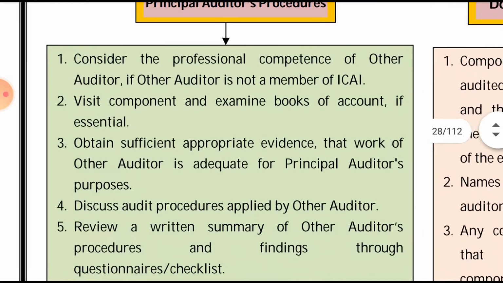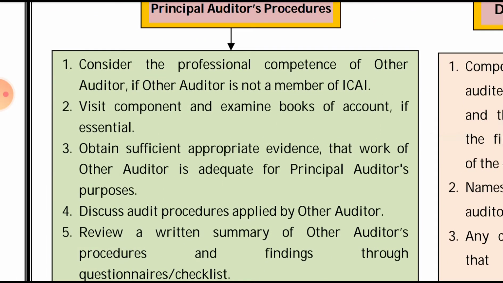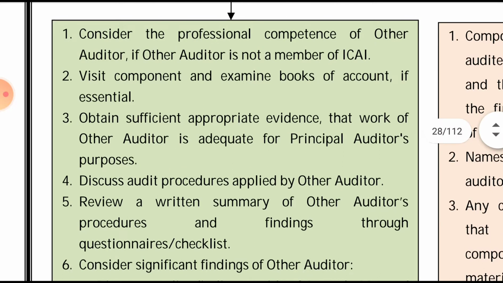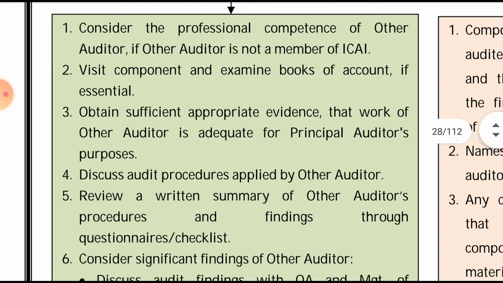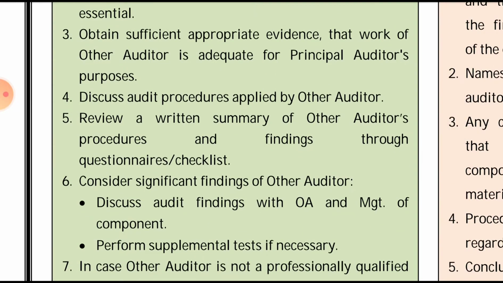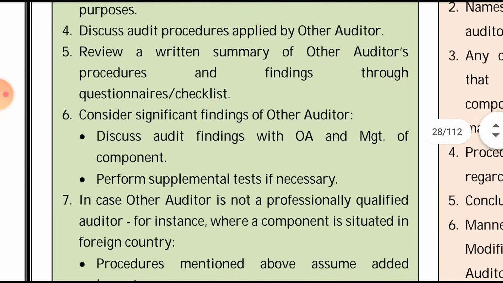So till now we have studied six points: consider the professional competency; visit the component and examine the books of accounts; obtain sufficient appropriate audit evidence; discuss the audit procedures applied by the other auditor; review the written summary of procedures and findings through questionnaires and checklists; and consider the significant findings by discussing with the other auditor and the component management, and performing supplementary tests.